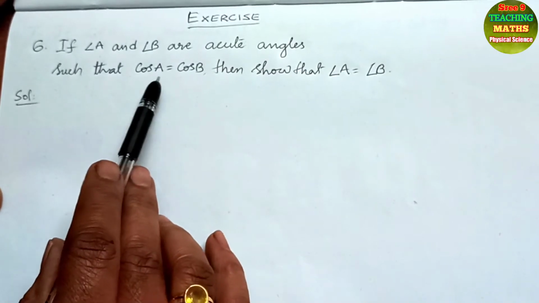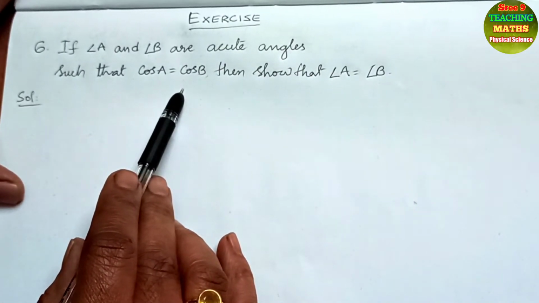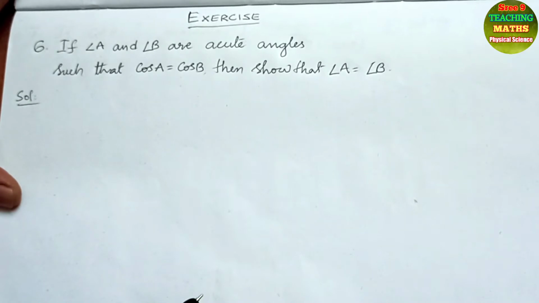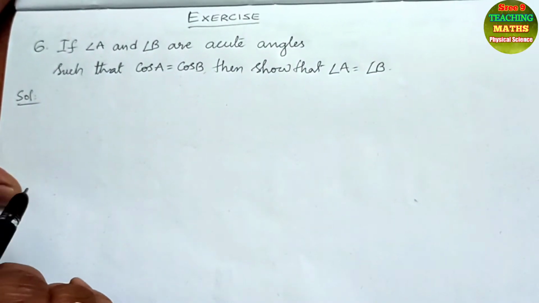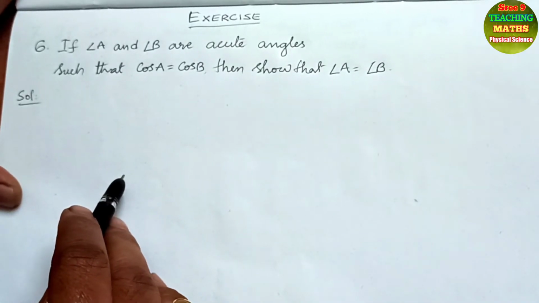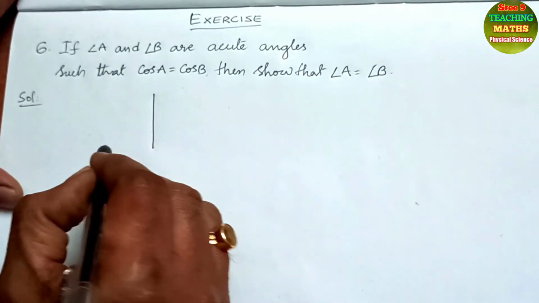Here trigonometric ratios are given, which means the triangle is definitely a right angled triangle. I already told you that to solve any trigonometric problem we need a right angle triangle. Since angle A and angle B are given, it is definitely a right angle triangle. Now let us draw the right angle triangle, and then we solve the problem.